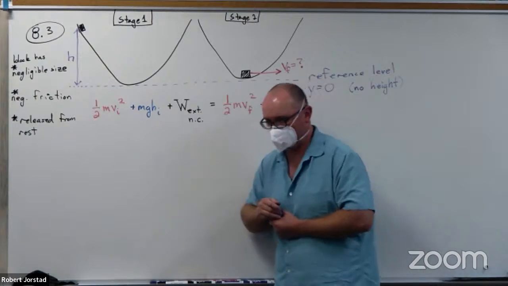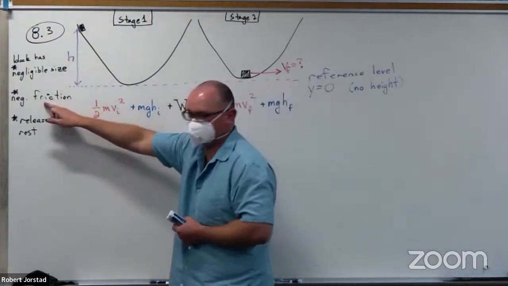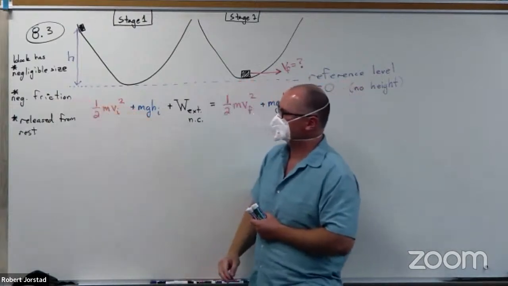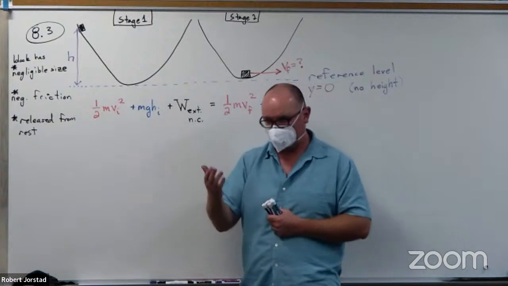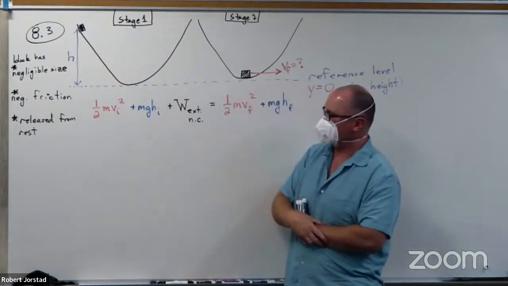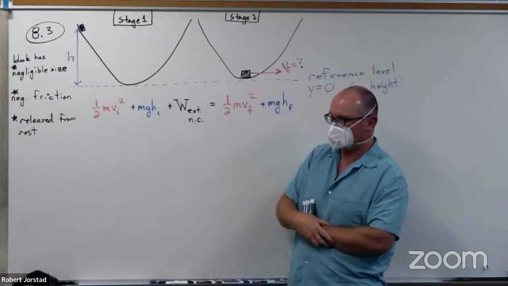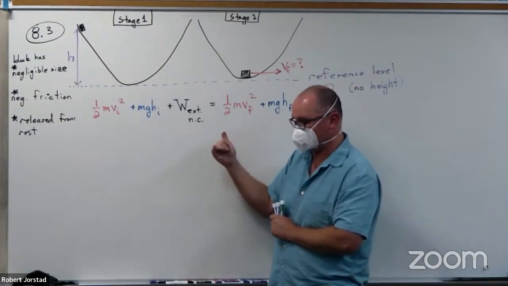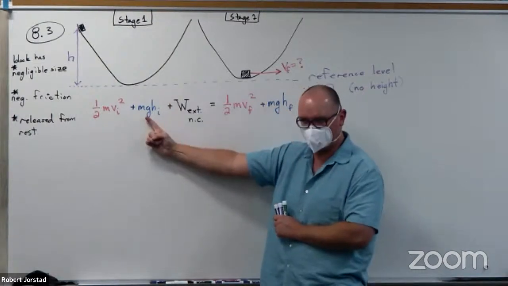No. Why not? The problem said so. So that's why we read the problem. Do I need to worry about the work done by gravity? Does gravity do work? Gravity does do work. Do I need to account for it or not? I've already accounted for it.